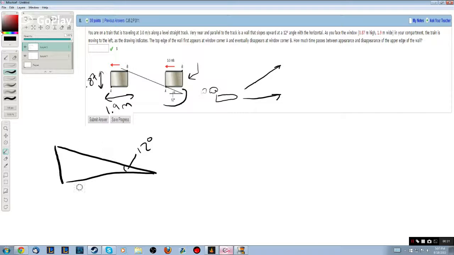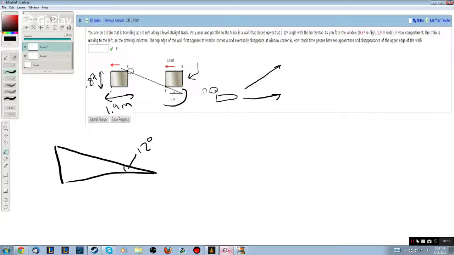But now the question is, what's all the other parts of the triangle? And so what we're trying to solve here is that from the first instant that we see it in this bottom left corner A, we're trying to solve how long it takes, if we're traveling at 3 meters per second, so that it disappears in this top right corner, corner B. So a way for us to solve that is just to calculate the distance between this initial B and this final B. Or it also works with A, but I'm just going to be using B. This initial B is when the ceiling is first seen, and this last B is when the ceiling is last seen.